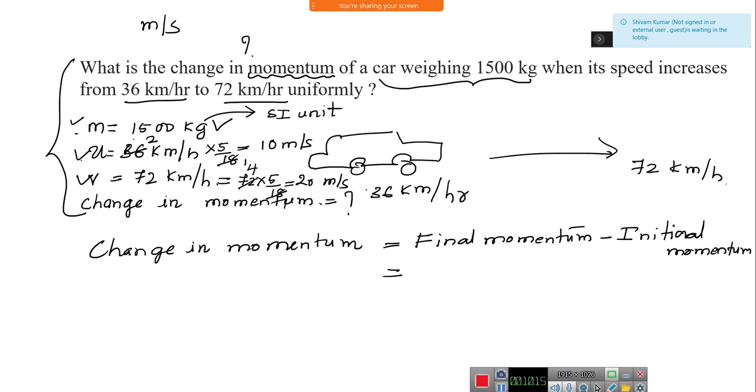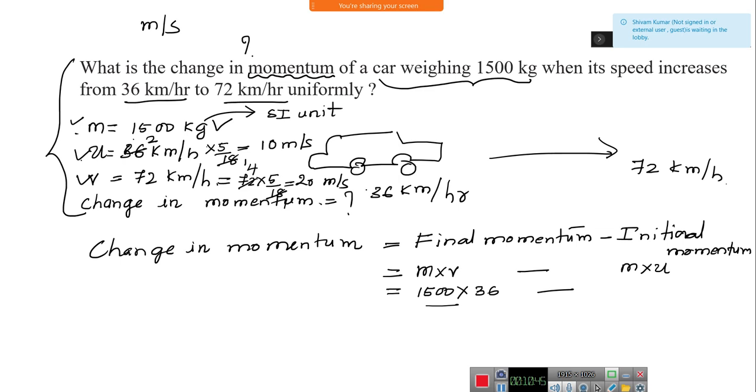That is m into final velocity, v. Initial momentum is m into u. So that is equal to m is 1500 into v is 36, minus, you can calculate from your side and tell me the answer quickly.